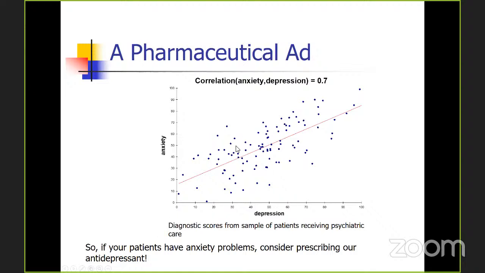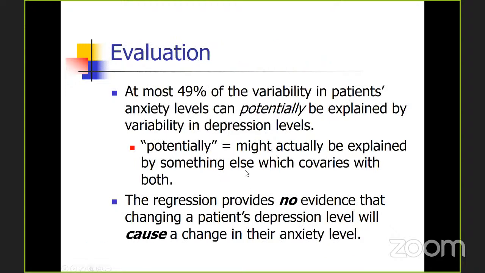And so if this is the case and you have a doctor test for anxiety or see that somebody has anxiety, but they haven't done the test for depression, they should not just give them an antidepressant until they investigate that they actually have depression, even though there's a good chance. What would be sensible is if they have anxiety to screen for depression, if they have depression to screen for anxiety, because there's a correlation.